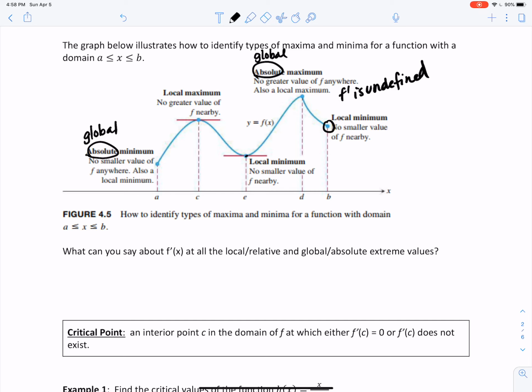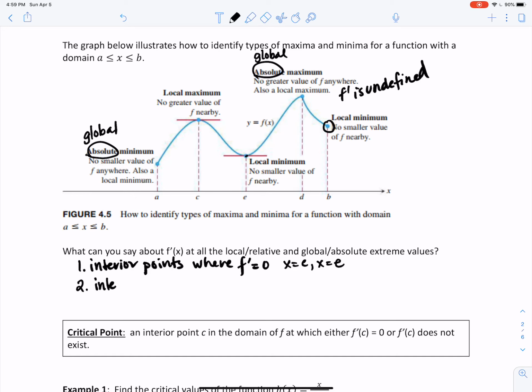So what can you say about f prime of x at all the local, relative, and global extreme values? Well, what we can say is the only places where a function f can possibly have extreme values, local or global, are at interior points where f prime equals 0. So in this case, if we look at the graph above, that was when x equals c and x equals e.